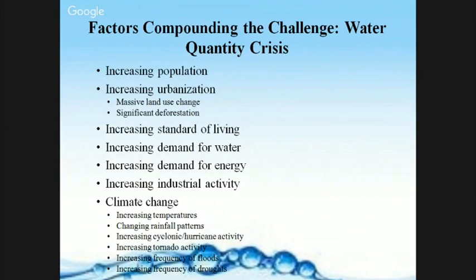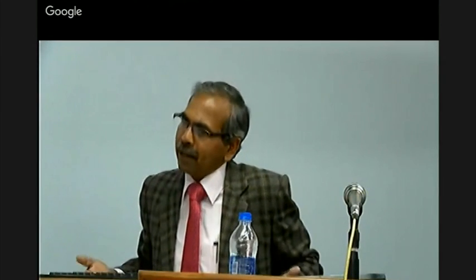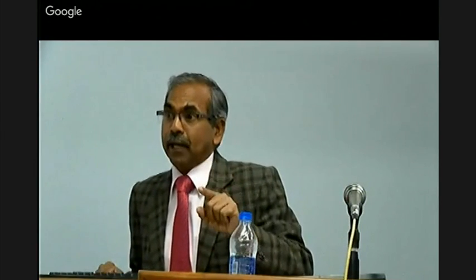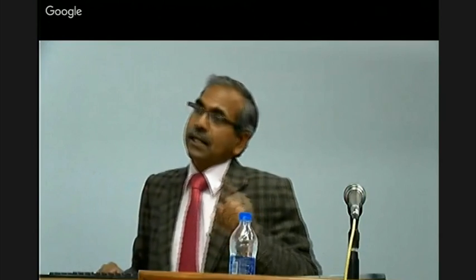It happened in Chennai, it happens in Bangalore, in Mumbai, it happened in Delhi. This adds a challenge to water management, because it leads to a change in the hydrological cycle, on the basis of which we have created all these castles of water planning.